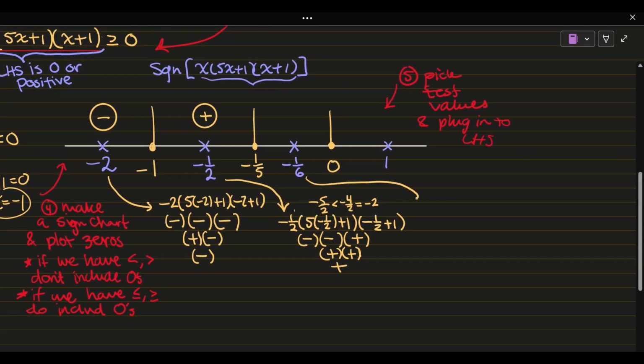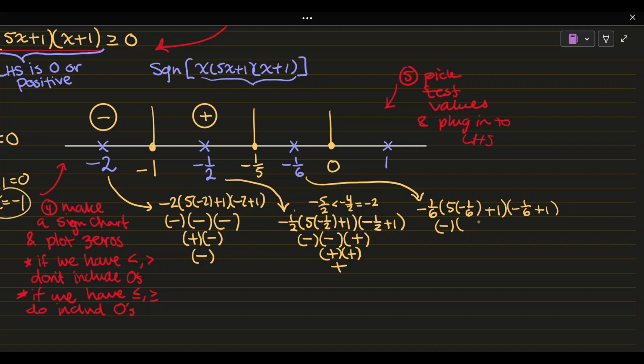Plugging in negative 1/6, I have negative 1/6, 5 times negative 1/6 plus 1, and then negative 1/6 plus 1. This negative 1/6 outside gives me a negative. So negative 5 over 6. 5 over 6 is less than 1, right? Because 6 over 6 is 1. So negative 5 over 6 is greater than negative 1.